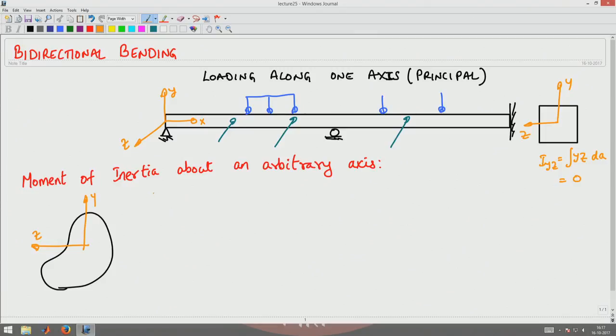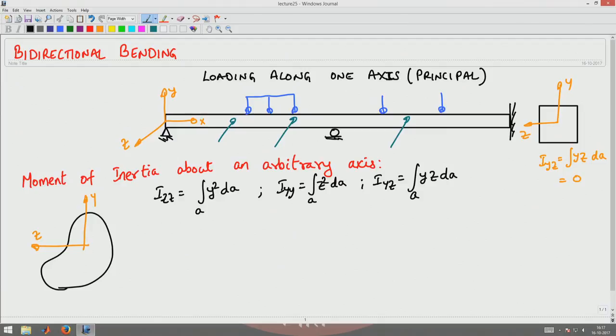For this I can compute IZZ, that is the moment of inertia about the z axis, which is integral y square dA, over the area of the cross section, and compute IYY, which is integral z square dA, integrated over the area of the cross section, and I can define IYZ, which is integral yz dA, integrated over the area of the cross section.